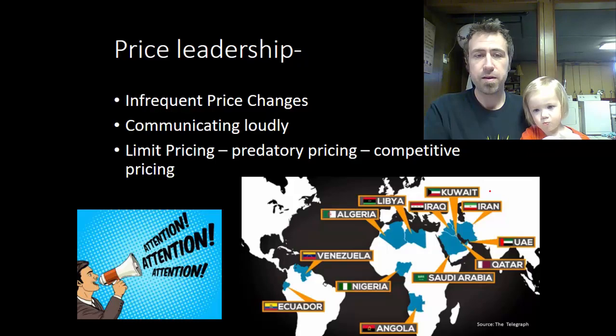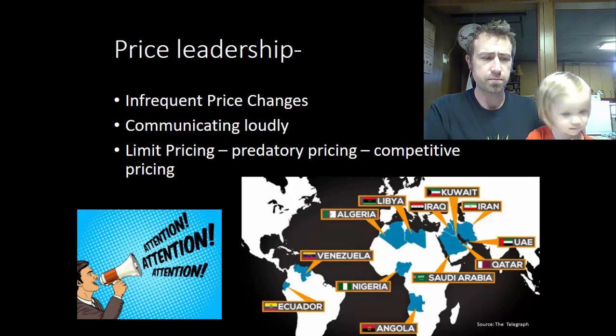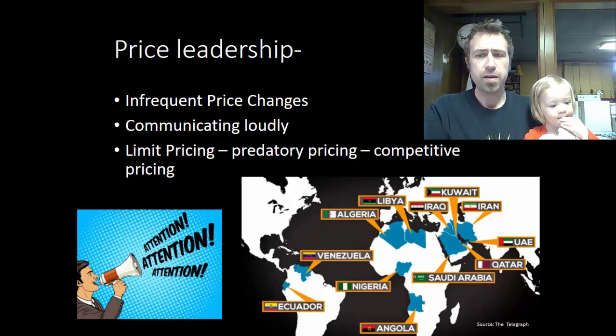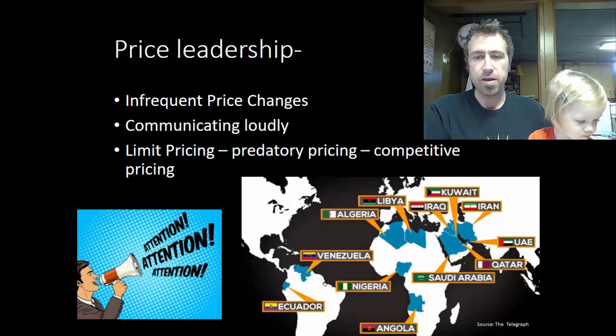And some would say that Saudi Arabia and OPEC are in an oligopoly market. And so Saudi Arabia, being one of the largest suppliers of oil in the world, has in some ways price leadership.